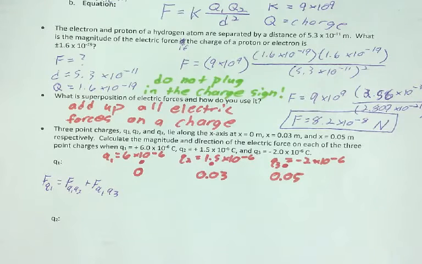If I want to know how hard my friends push me, I have to know how hard each of them pushes me, and then I add it together. If I want to know how hard the force on Q1 is, I have to find the force from 2 and the force from 3 and add them together. Okay? So, how do we do that?